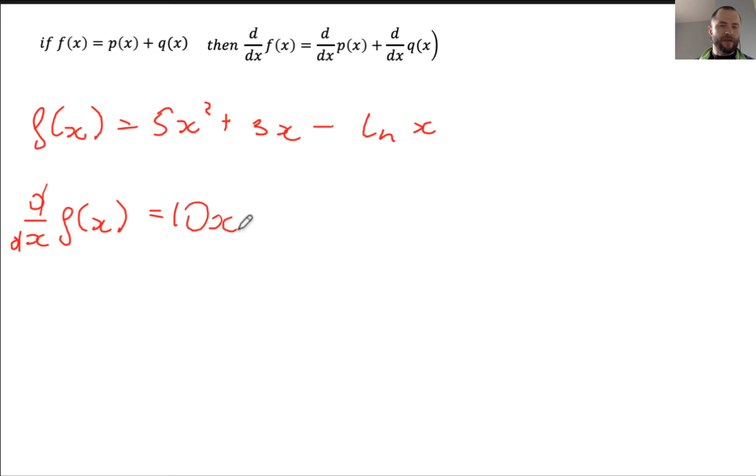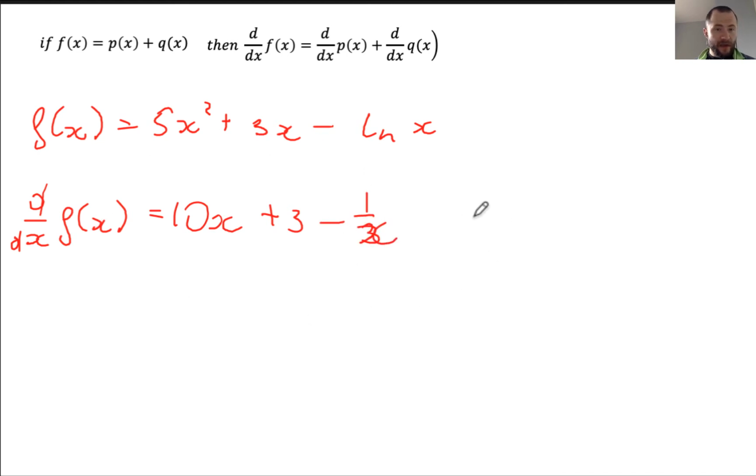And that arises from the ways in which polynomials are differentiated, and we have a formula and a heuristic for it. The derivative of 3x is just 3, and finally the derivative of natural log of x is 1 over x, so minus 1 over x.